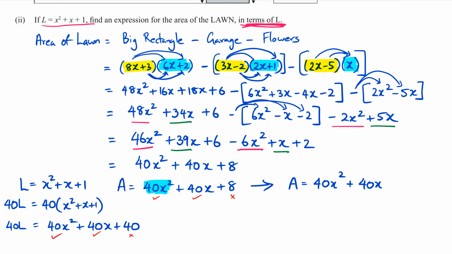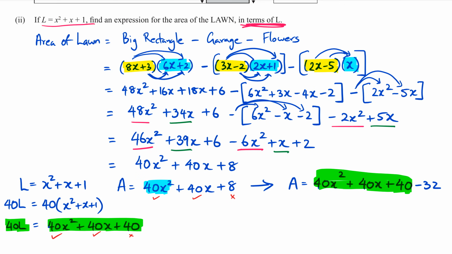So what do I do? I can rewrite this as plus 40 minus 32, because 40 minus 32 equals 8. But now that actually solves my problem here, because this entire thing now, see how this 40x squared plus 40x plus 40, it actually matches here to 40L, which means I can rewrite now area as 40L minus 32, and you're done with this question.